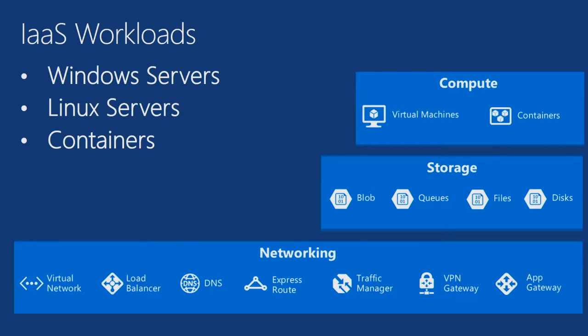So within the IaaS workloads, we have compute, storage, and the networking capabilities, those base capabilities. Virtual machines, but for IaaS you could also think about containers. That's a newer concept, and you could have a container image that operates like an IaaS workload because it has those things in there.